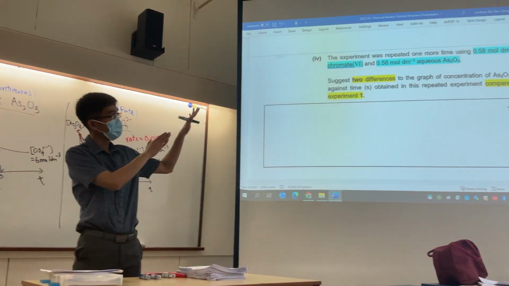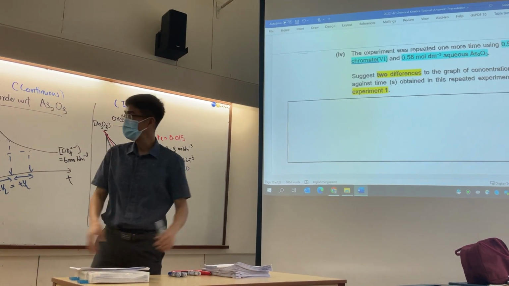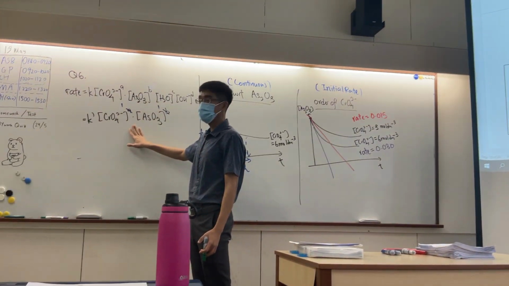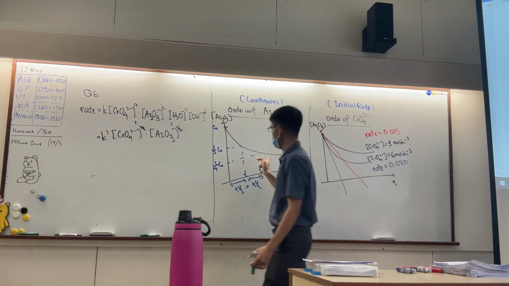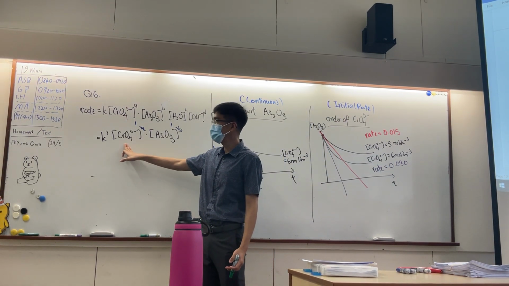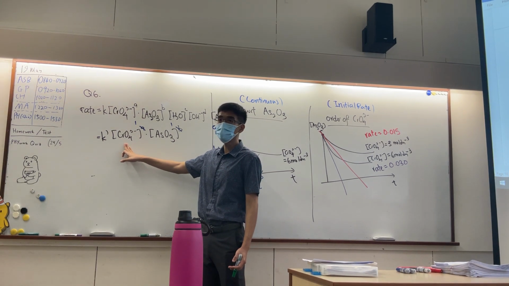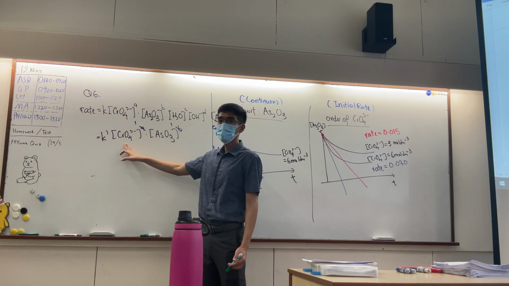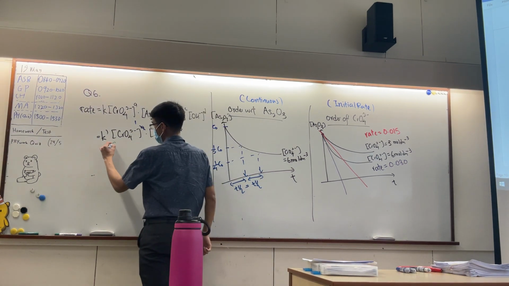Before I look at the additional experiment, I want you to go back to this rate equation again. Can you please look at experiment number 2? Tell me what is the initial concentration of the CrO4 2- for experiment number 2. 6 mole per dm cube.